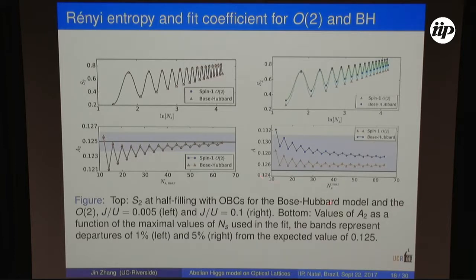So if we have 5% error, this is the 5% error region. We can say that 16, maybe less than 20 sites is okay to have a good result.